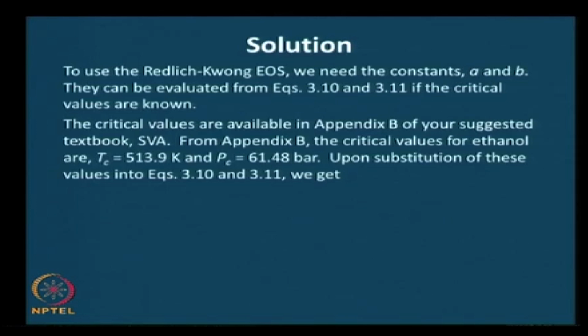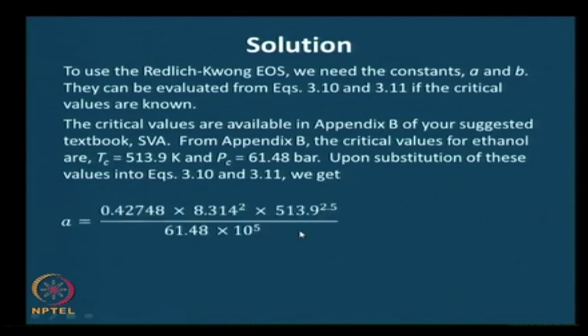Upon substitution of these values into equations 3.10 and 3.11, which give you the expressions for A and B, this is 0.42748 times R squared times T to the power 2.5, 513.9 to the power 2.5.